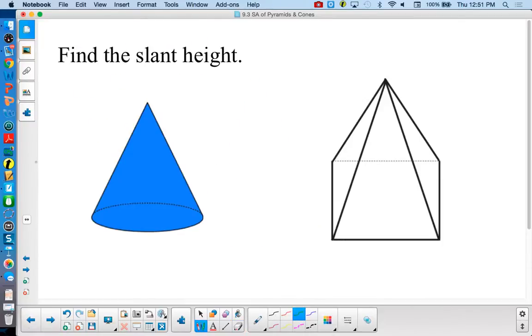Okay, so find the slant height. I guess this is exactly what we were just talking about. Radius is 4. Perpendicular height is 12. What's the slant height, to the nearest tenth?